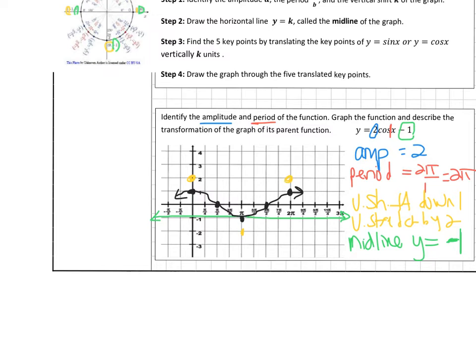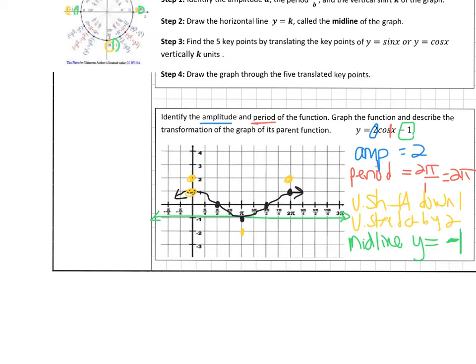So instead of the amplitude of 1 for our parent, we're going to vertically stretch it, so the amplitude, the highest point is going to be at 2, and the lowest point is going to be at -2. And then from there, we're going to shift each point down 1 because our midline has shifted our whole graph down 1.